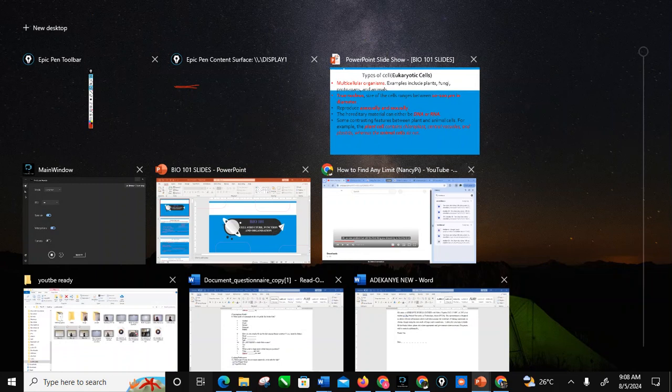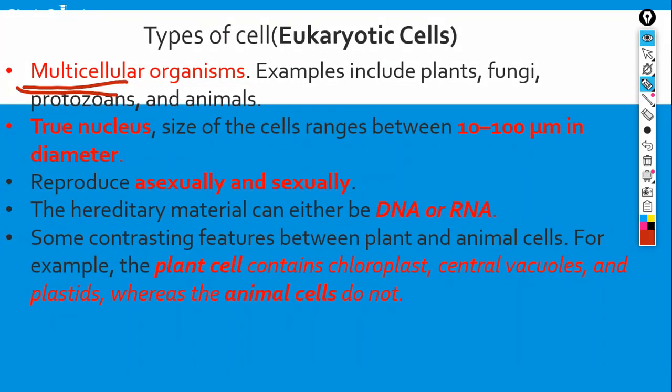I talked about the fact that the word "eu" refers to true, and the size of the cell ranges between 10 to 100 micrometers in diameter. So you see that is very much bigger than the prokaryotic cell. We said the prokaryotic cell is about 0.1 micrometers to 0.5 micrometers, while these ones are from 10 to 100 micrometers.